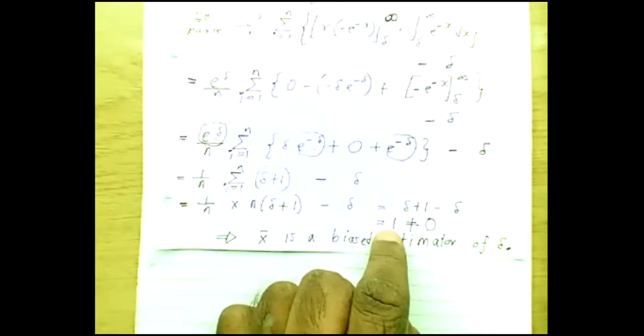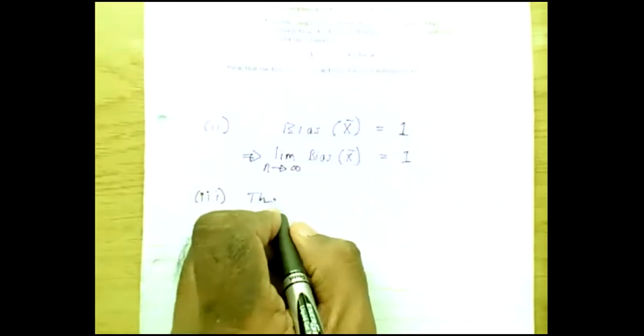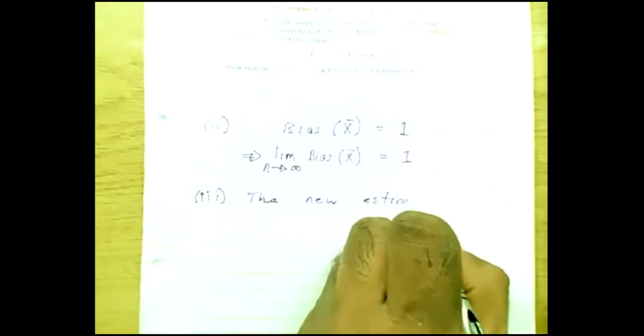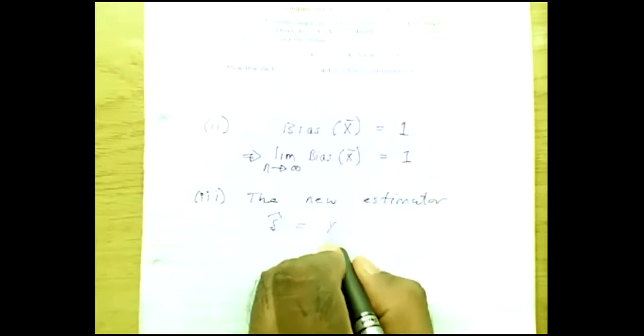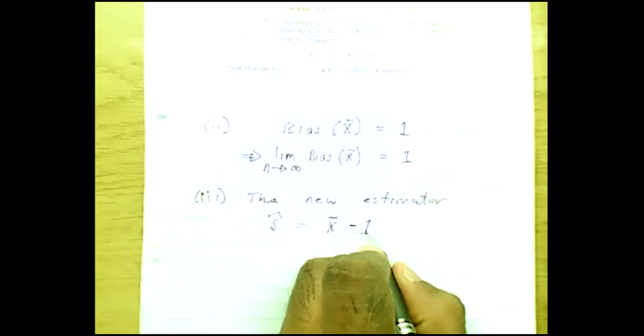You follow what I'm saying? Okay. All right. So that's what I'm going to do. I'm going to define the new estimator as X bar take away 1.